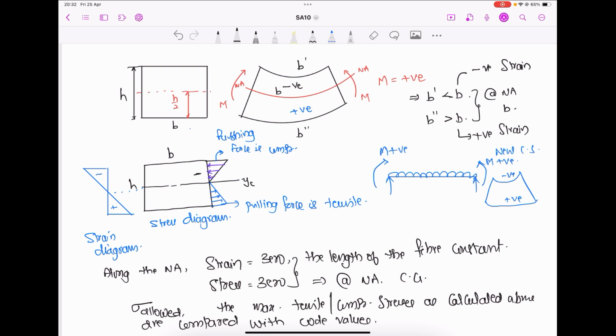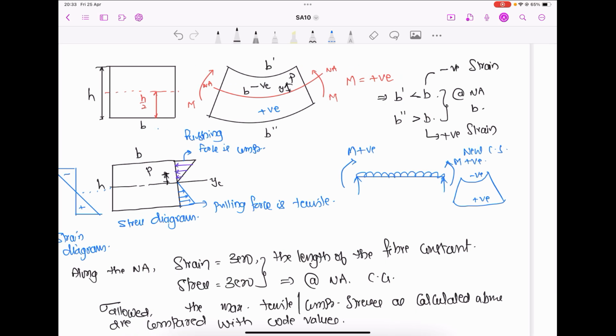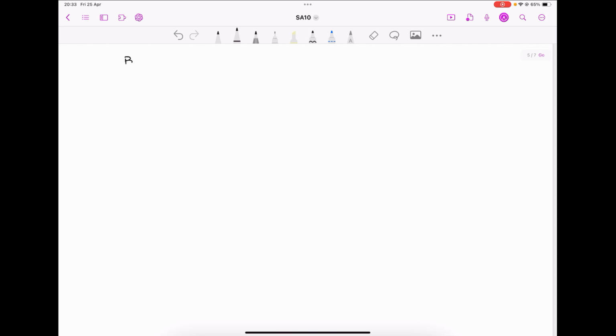This is YC. Here I want to find out at a point P the stress, and I want to know whether it is a compressive stress or a tensile stress. From the diagram we will know that it is a compressive stress, and this let us say Y. That means I know Y. In the beam theory equation, what is beam theory equation?